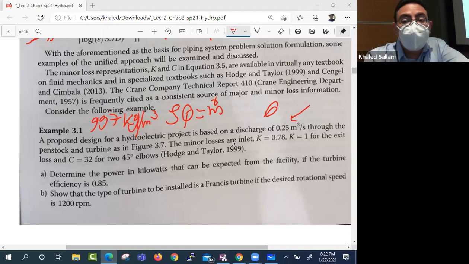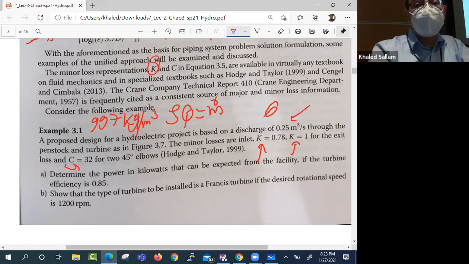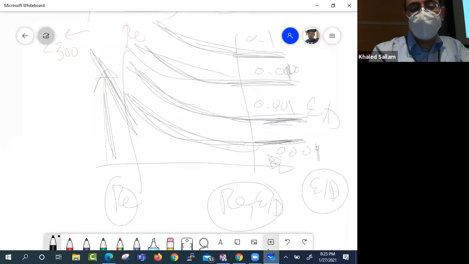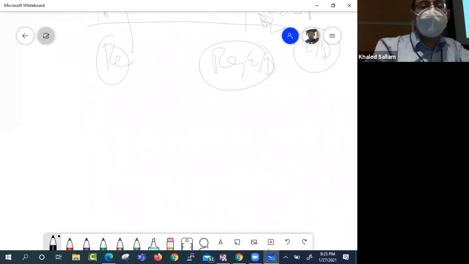So he gave us the Q and he said, I have a bunch of minor losses. I have K here, K over there, and I have a C. So sometimes they express the losses in the pipe in a really weird way.